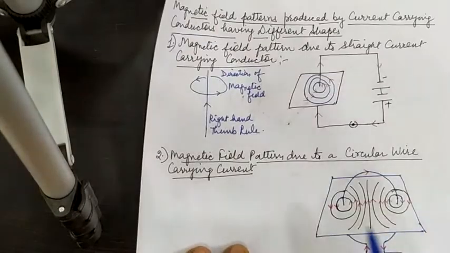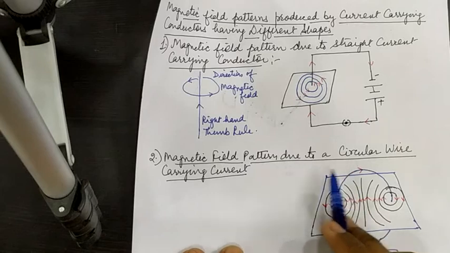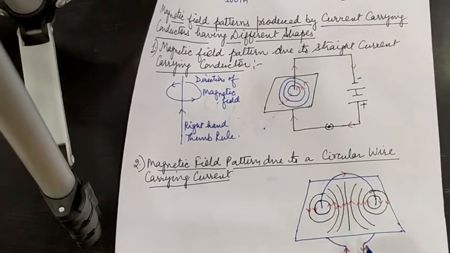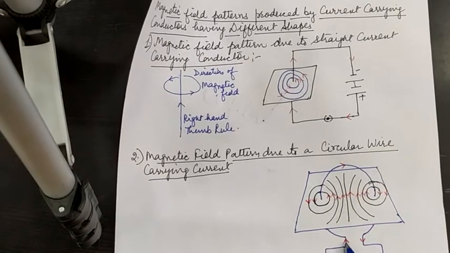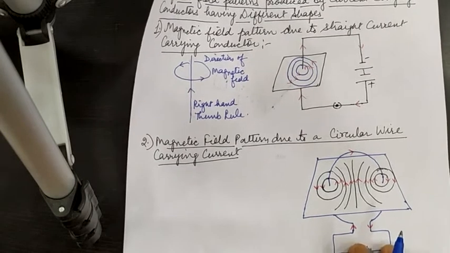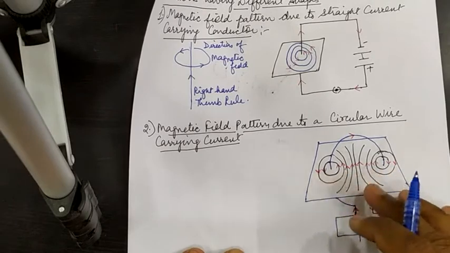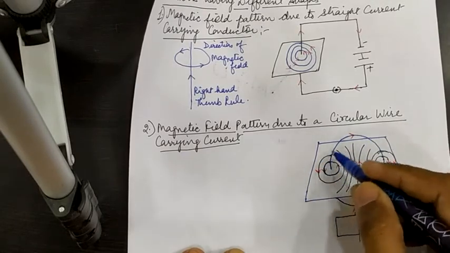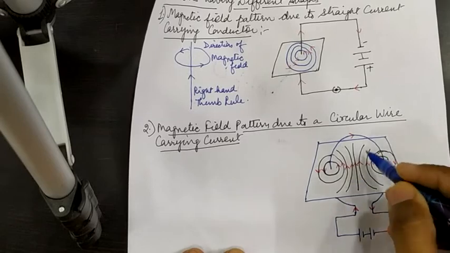Similarly, now the magnetic field pattern due to a circular wire carrying current. A circular wire is there, as you can see. Got it? This is a circular wire, cardboard is attached with it, iron filings are the same as before. Now you pass the current through this battery, and you will observe the magnetic field lines developing like this.